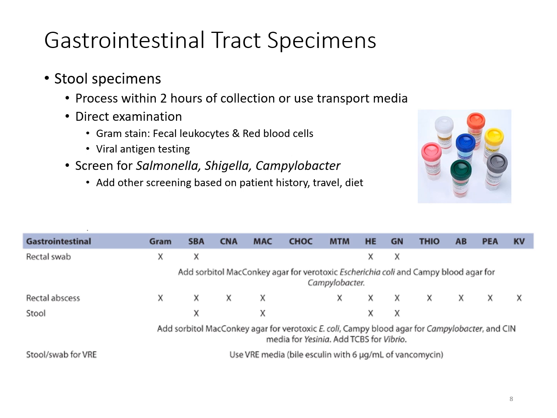Direct examination, of course, with the gram stain, you're looking for those fecal leukocytes or red blood cells to indicate if there's a particular infection or the organism is causing any sort of damage. You could potentially do some sort of viral antigen testing on that stool culture, or any kind of kit type testing.